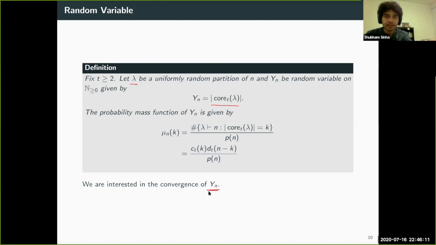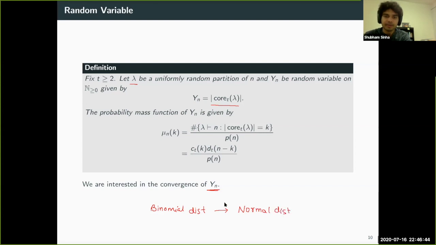We are interested in the convergence of this distribution of the size of the t-core of lambda. To do that, we need to do a certain kind of scaling if you want to make some asymptotic sense. For example, it's the same as looking at the binomial distribution and asking about its convergence, and it's a famous result that it converges to some normal distribution.